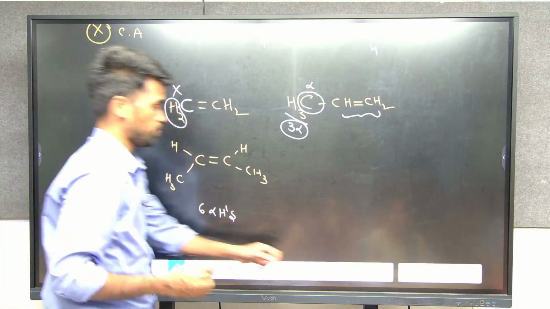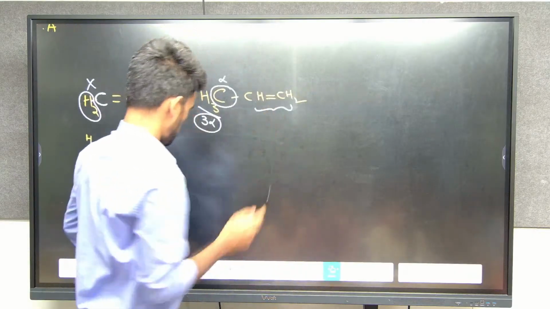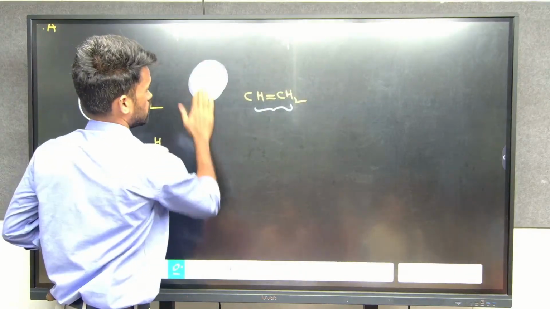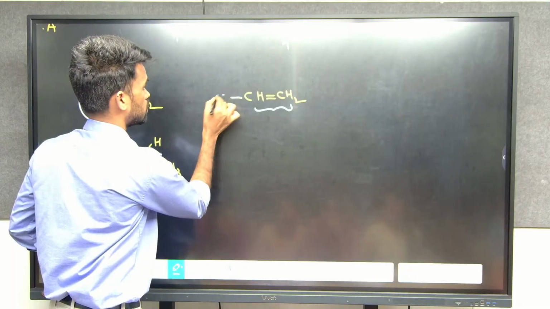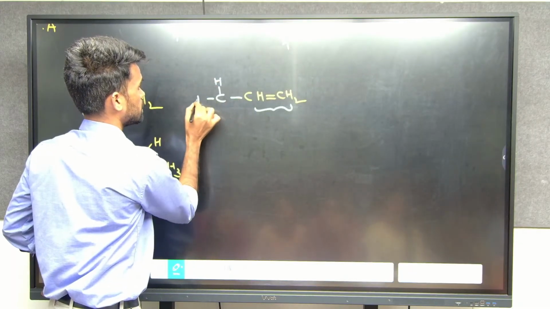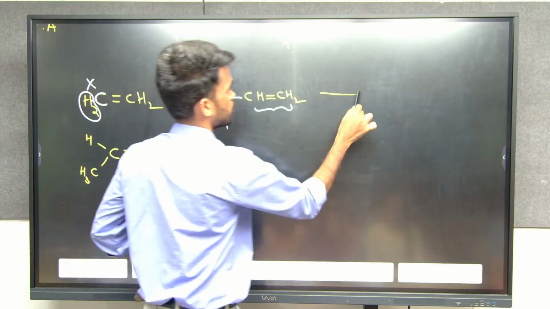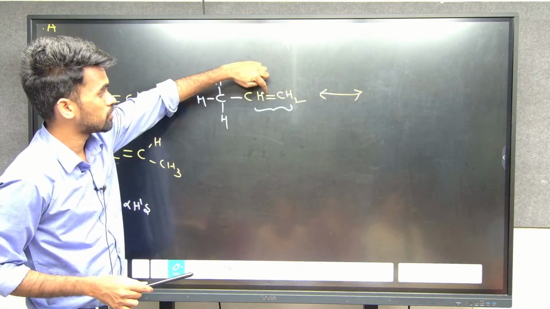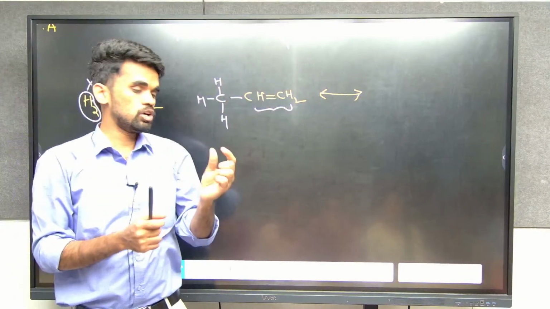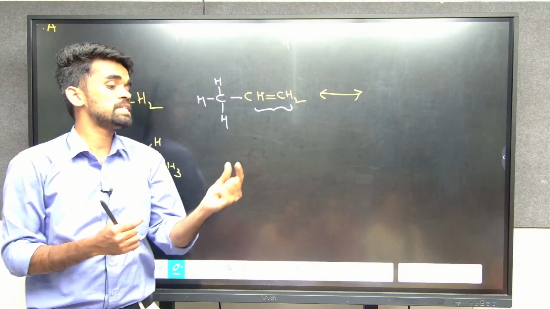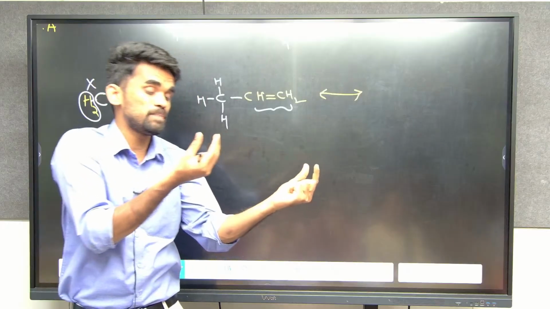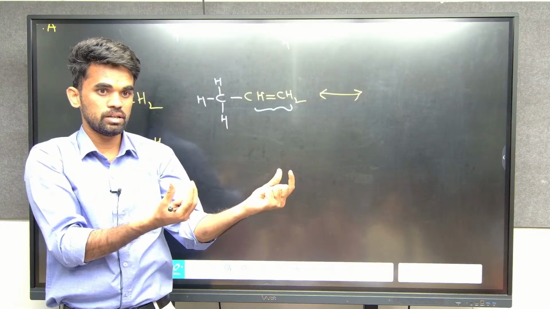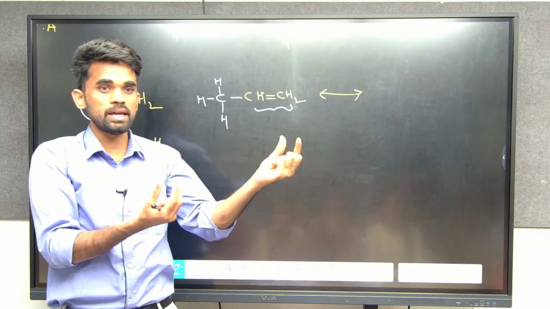Now look at here. Look at this example. Rewriting the same thing. See here, which bond is it? Pi bond. See, in molecular orbital theory you studied, if there is a bonding molecular orbital, then with respect to it an anti-bonding molecular orbital is also there, like sigma, sigma star, pi, pi star.